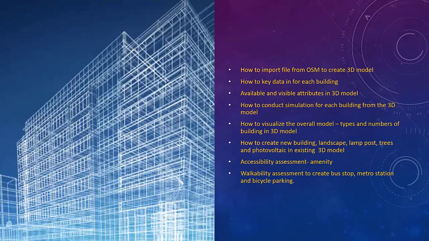Using this software, I will show how to import a file from OSM to create a 3D model, how to key in data for each building, how to view available attributes in the 3D model, how to conduct simulation for each building from the 3D model, how to visualize the overall model, types and numbers of buildings in the 3D model, how to create new building landscape, lampposts, trees, and photovoltaic in the existing 3D model, how to conduct accessibility assessment, and how to conduct walkability assessment, which can be used to create bus stops, metro stations, and bicycle parking.